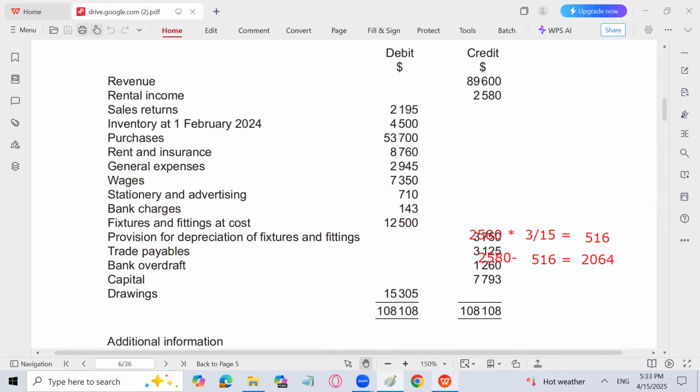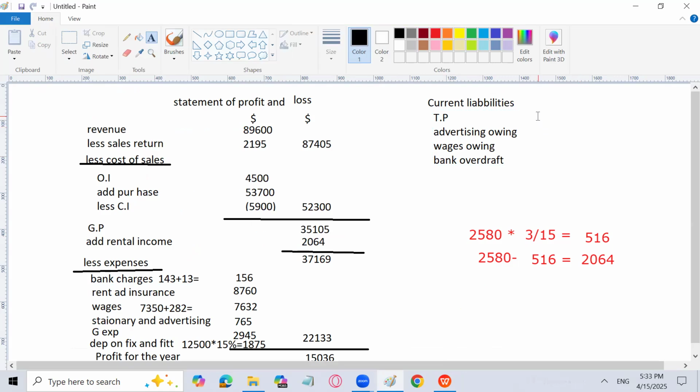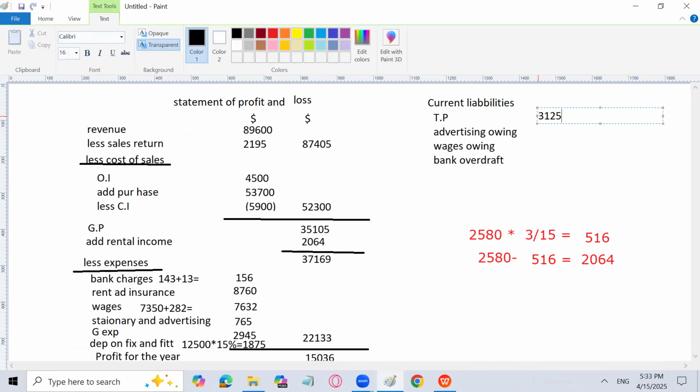So let's see. First of all, trade payables is given, that is 3125. It's a current liability. Then advertising owing is going to be 55. Wages owing, there is 282.